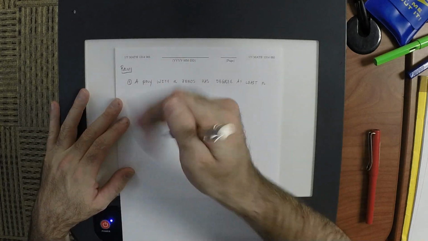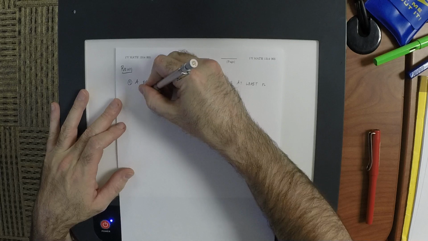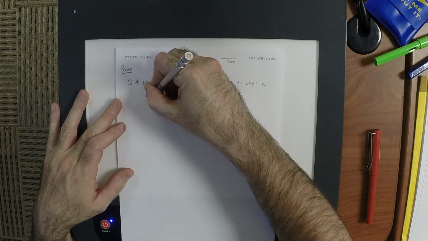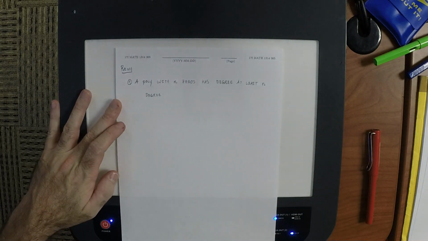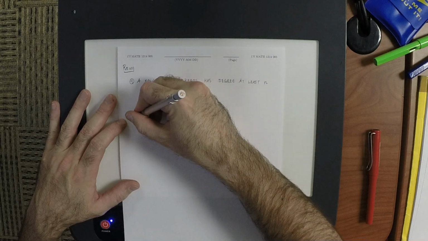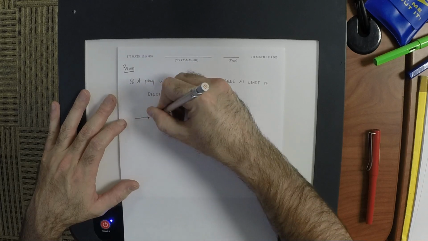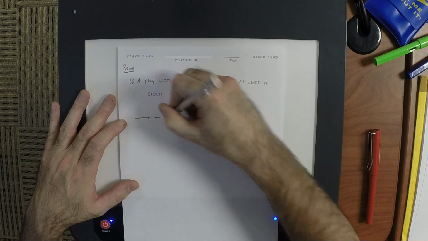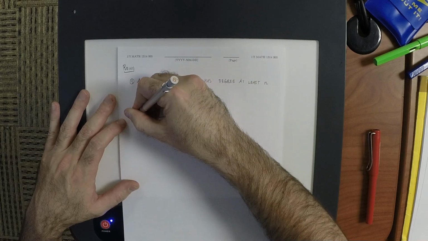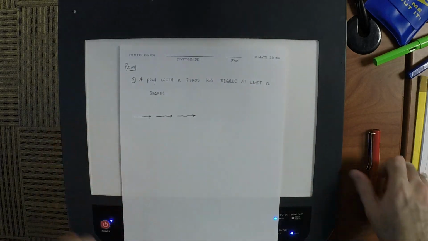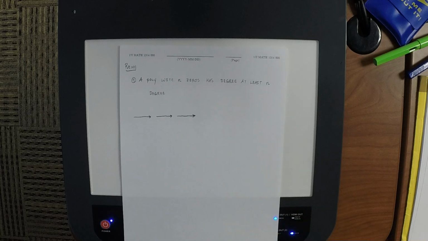So let's consider degree 2. Now, what is the shape of things of degree 2? Parabola. So I'm going to do 3 different examples here: 1, 2, 3. Just for the sake of concreteness, let's imagine a parabola that opens up.